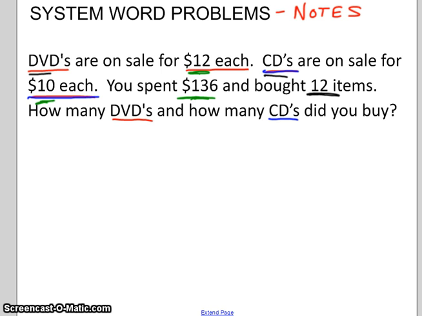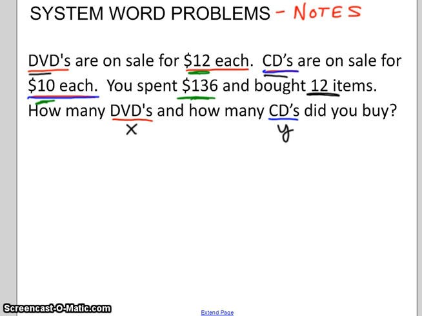Okay, now the variables we used in the previous section were x and y. All right, and here we have two variables, DVDs and CDs. So here's DVDs. It's the first thing that is talked about. So we're going to call that x. And then we're going to call CDs y. Okay, how many did we buy?